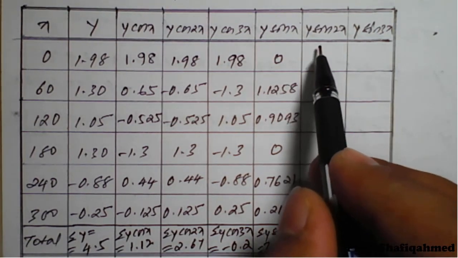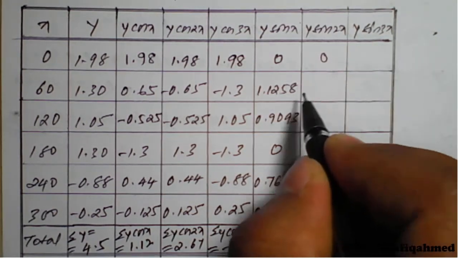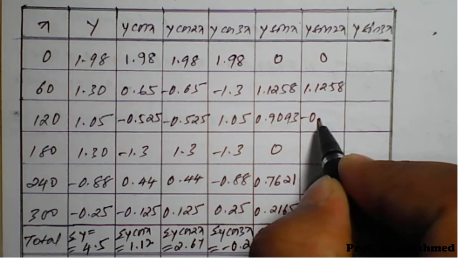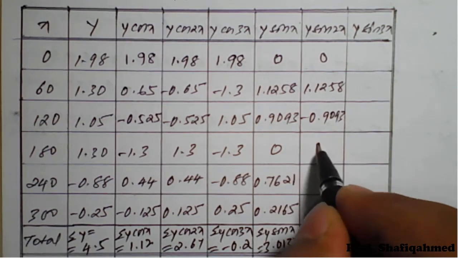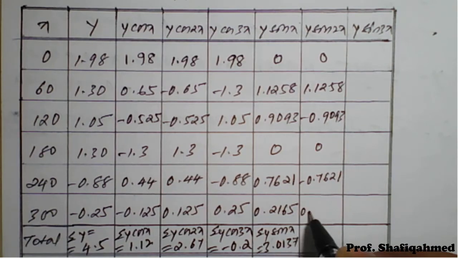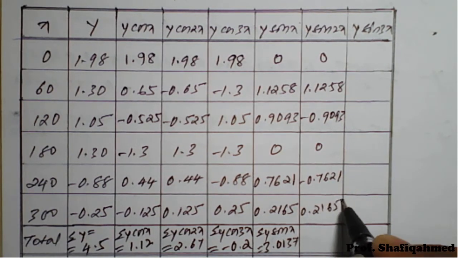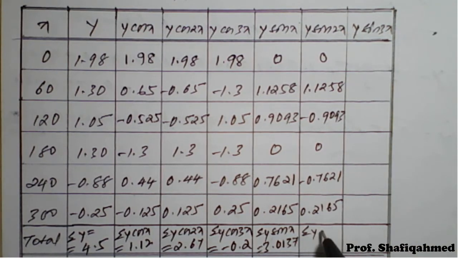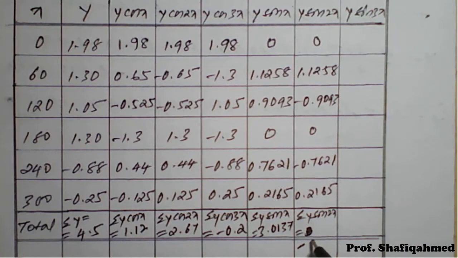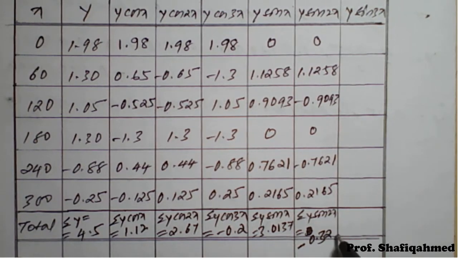Next, y sin 2x will be 0, 1.1258, minus 0.9093, 0, minus 0.7621, 0.2165, and the summation of y sin 2x will be minus 0.3291.